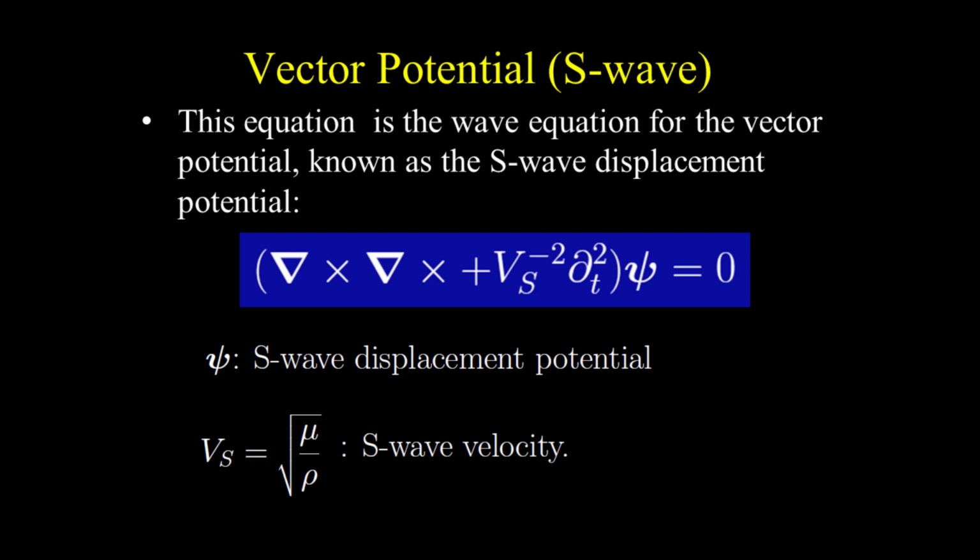The key parameter here is the S-wave velocity, Vs. That is the speed at which the S-wave propagates. In other words, this equation allows us to introduce the S-wave velocity and defines it as a function of Lamé's parameters.